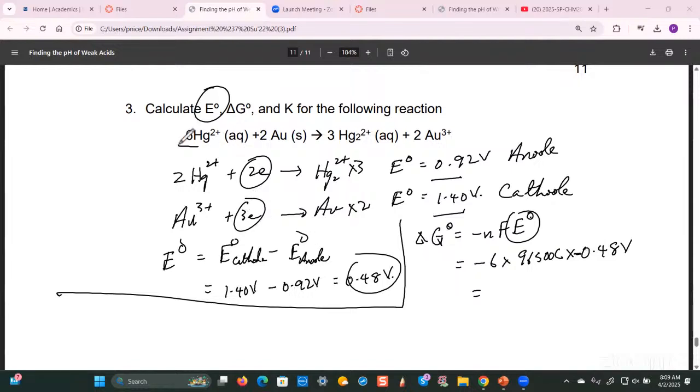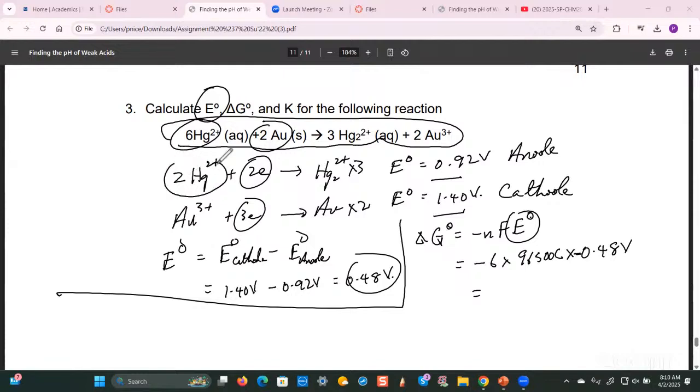If you look at this equation here, right, you'll notice that the gold and the mercury 2 plus are on the left side. Now, in this equation here, the mercury 2 plus is on the left side, but the gold here is on the right side. So you'd have to turn that around.